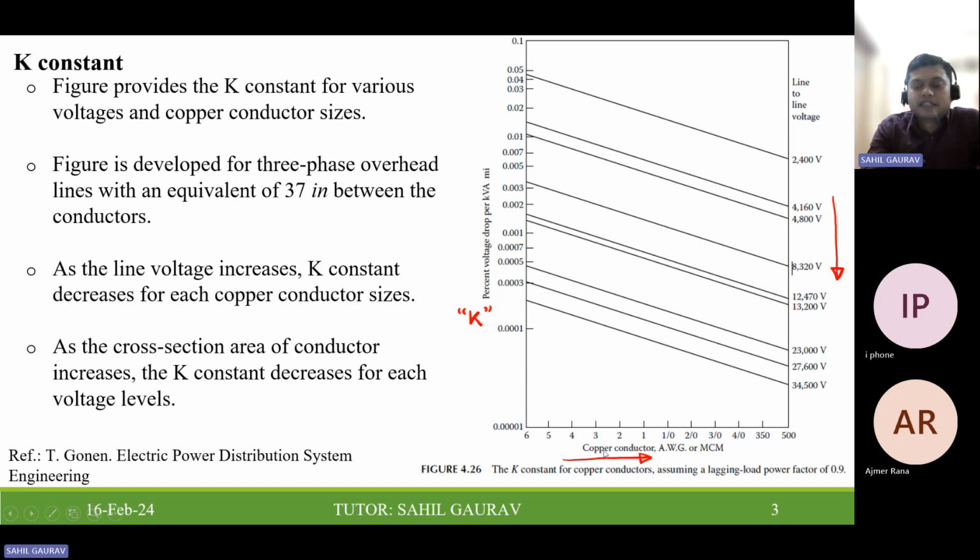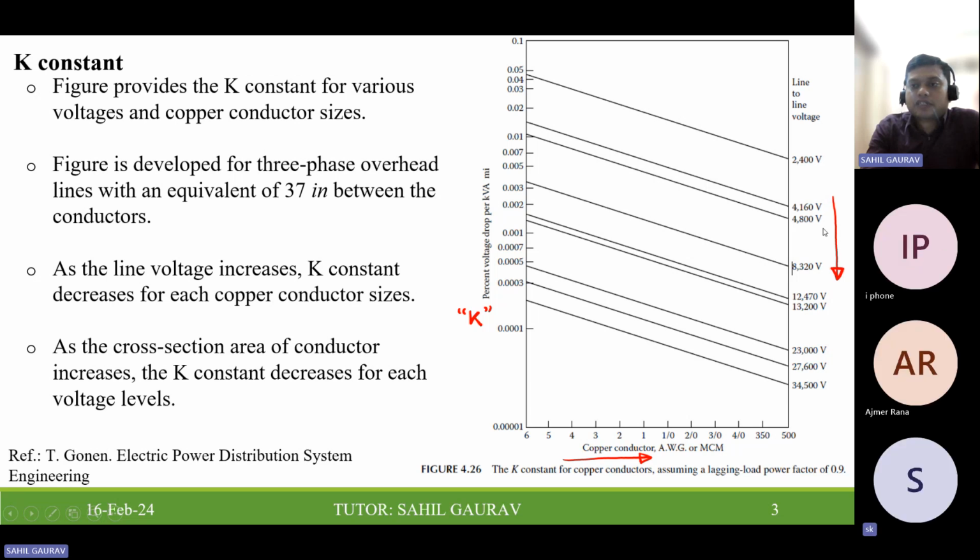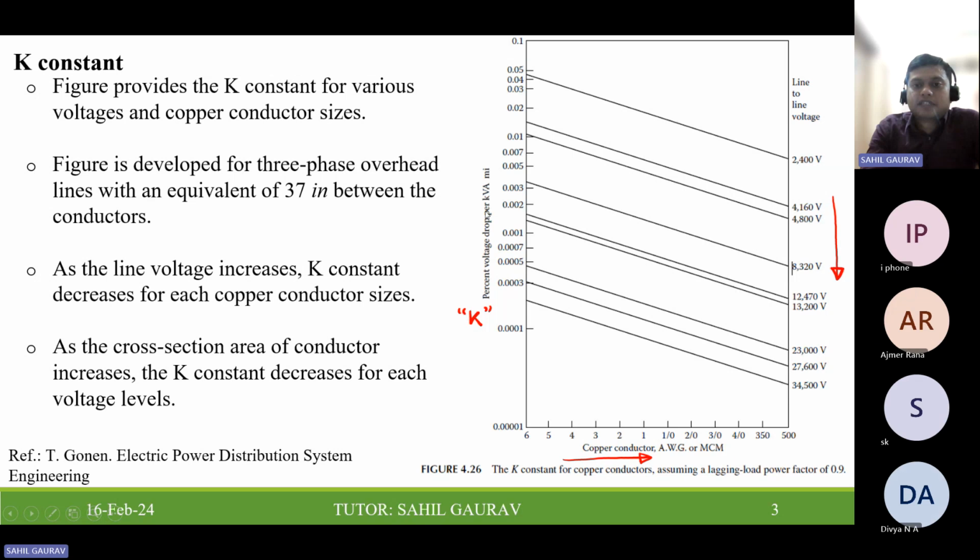On the x-axis, we have the copper conductor sizes given in AWG or MCM. On the right-hand side y-axis, we have the line-to-line voltage, like 2400 volt, 4160 volt, 4800 volt, and so on. On the left-hand side, we have the K constant, which is the percentage voltage drop per kVA mile.